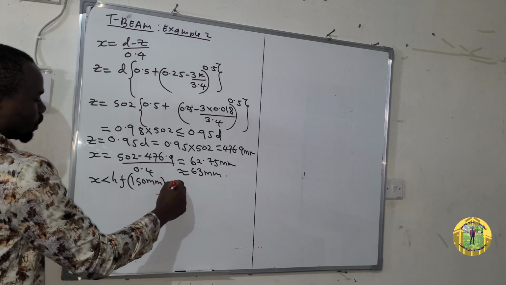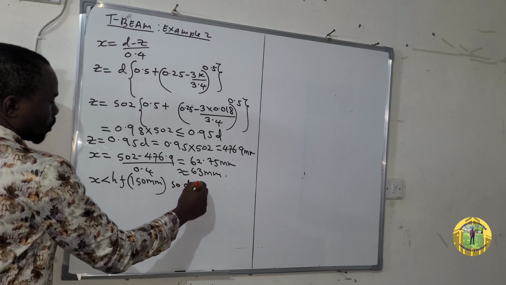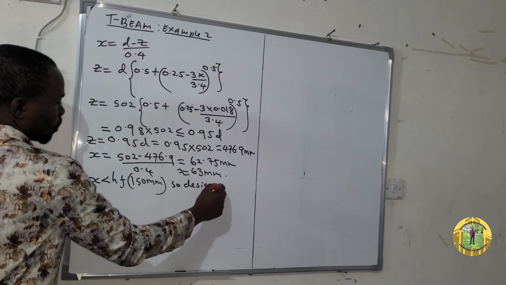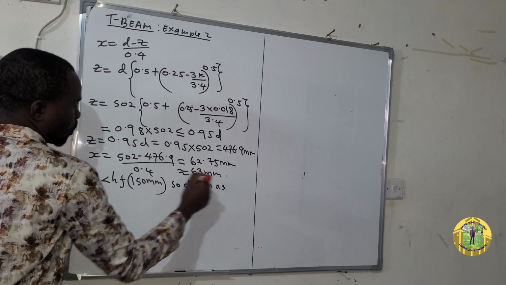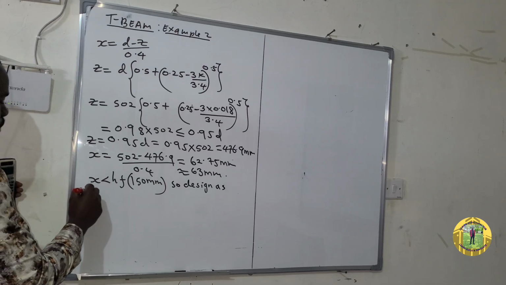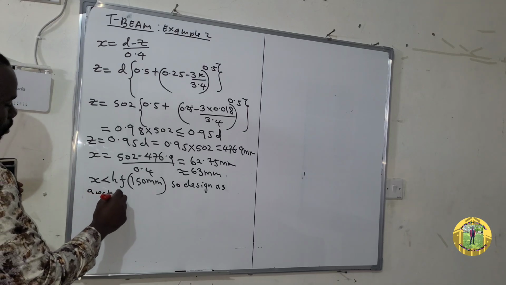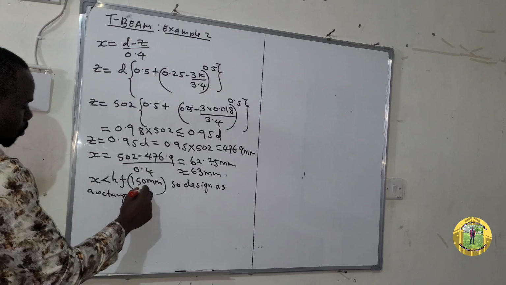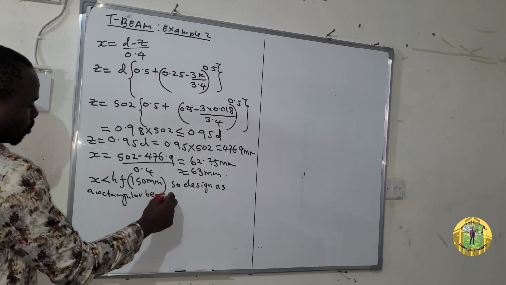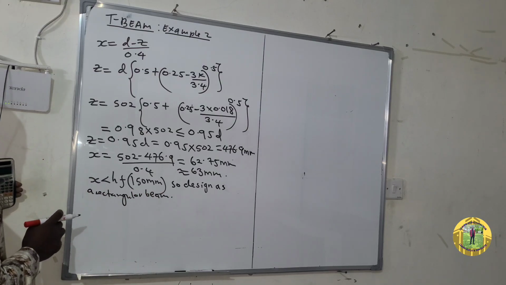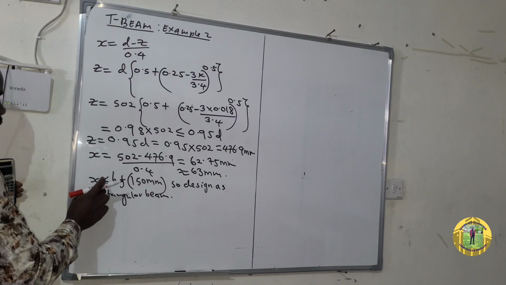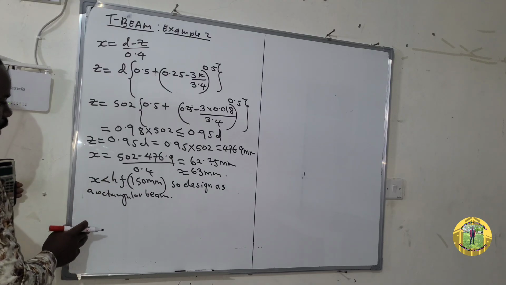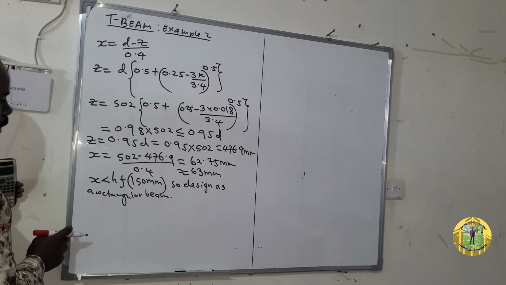So design as a rectangular beam. But if X was greater than HF, then we could have designed as a true T-beam.